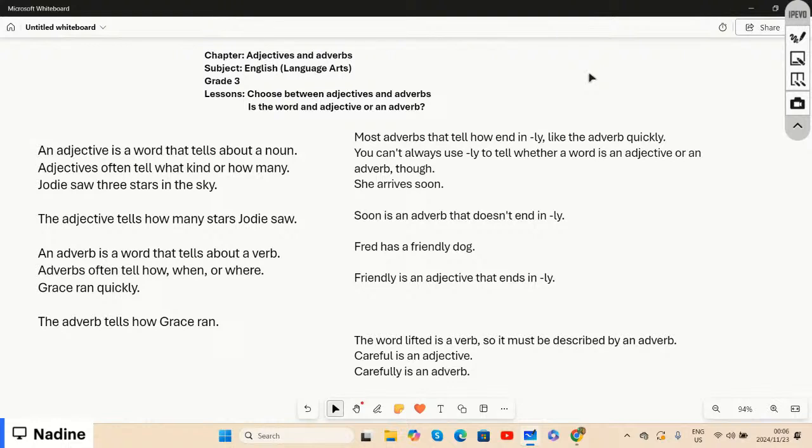And the lessons that we are going to be focusing on under the chapter of adjectives and adverbs are to choose between adjectives and adverbs, and is the word an adjective or an adverb?